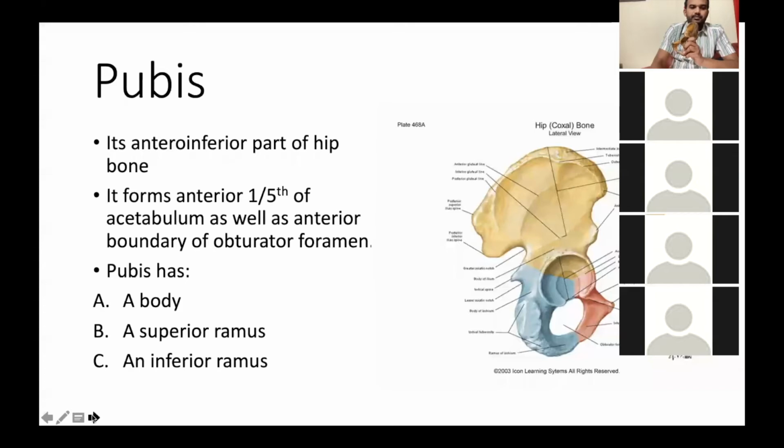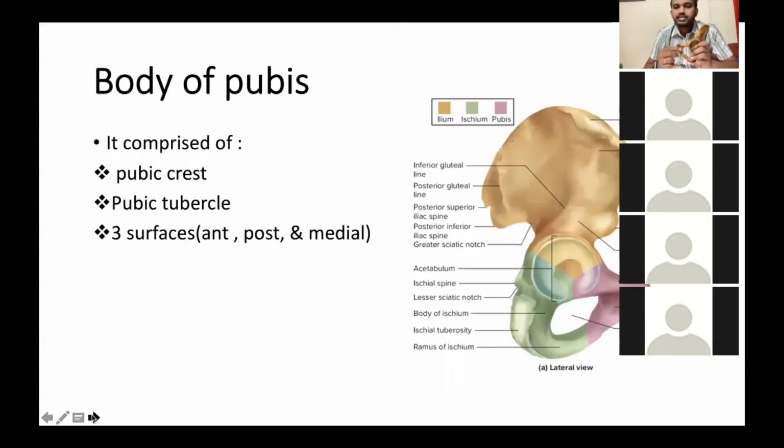Now, what features do we see in detail on the body? The body of the pubis has a pubic crest, a pubic tubercle, and three surfaces, namely anterior, posterior, and medial.